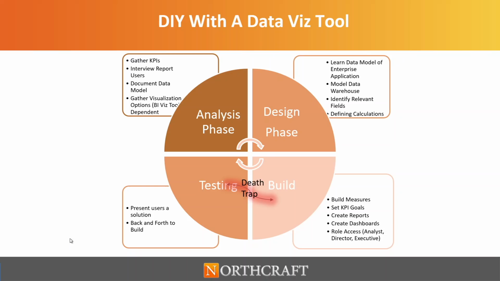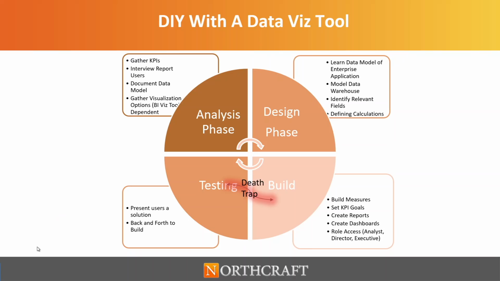So let's start with how a hacked up software development life cycle slash agile approach works in the traditional way of implementing business intelligence versus Northcraft. We'll start with the traditional method.